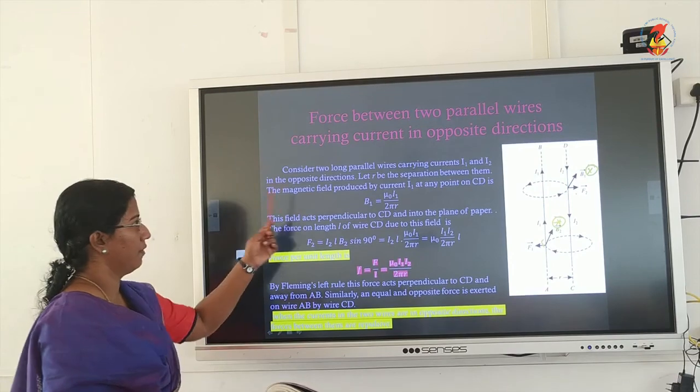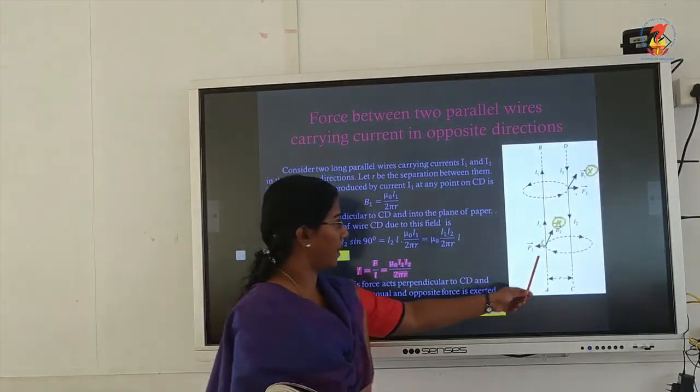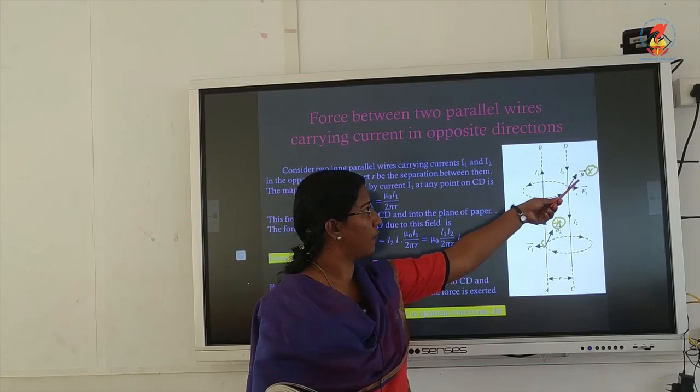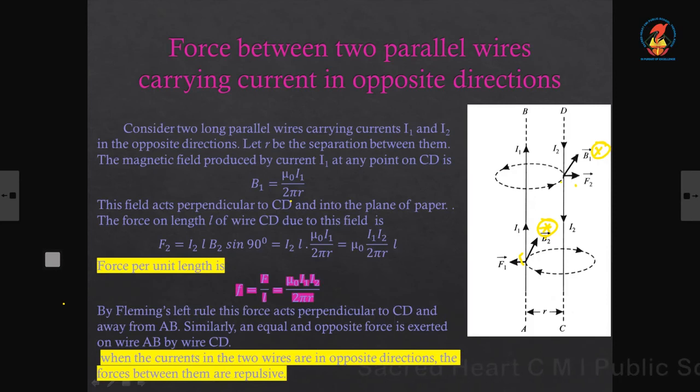Now, we are going to find out the magnitude of the force. So, the first conductor is passing the current, it produces a field B1 given by the equation mu 0 I1 divided by 2 pi r. So the force produced on the second conductor CD due to the field B1 will be F2 is equal to I2 L B1 sin theta, that is sin 90.